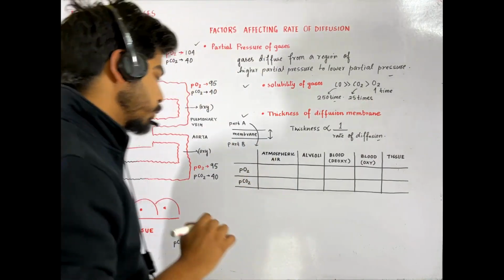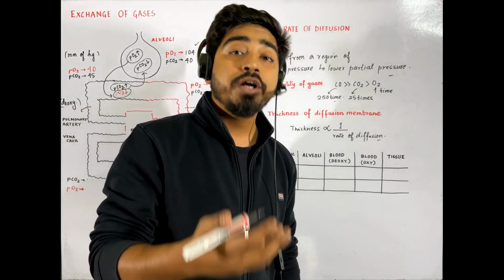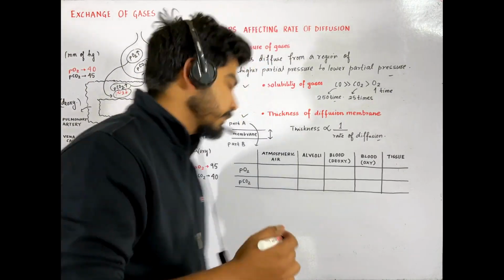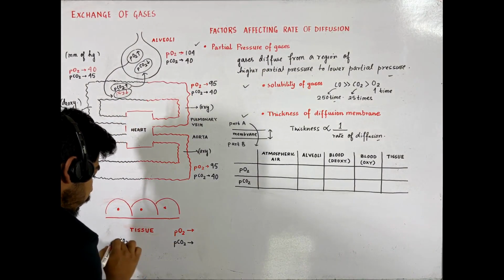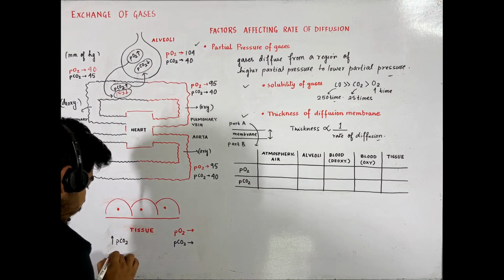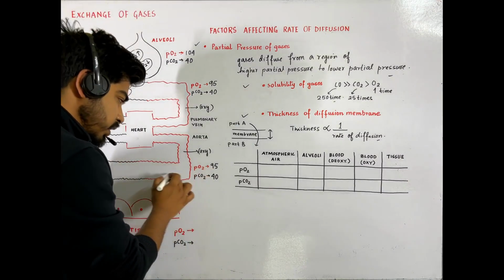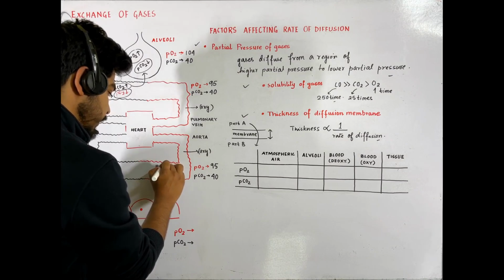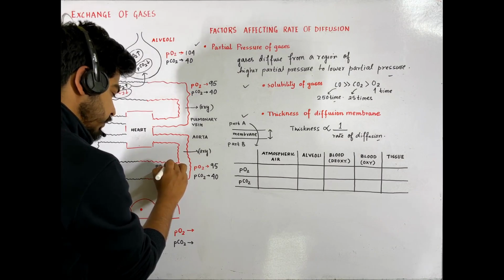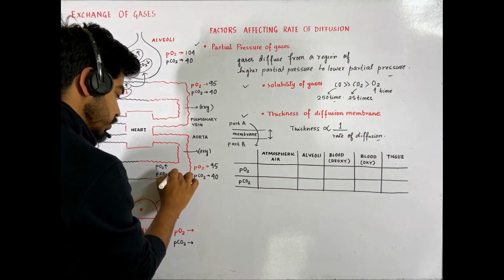So energy is produced. If more and more carbon dioxide is produced by respiration, then the partial pressure of CO2 in the tissue will be high and the partial pressure of oxygen will be low. And in the blood, the partial pressure of oxygen is high and the partial pressure of CO2 is low.